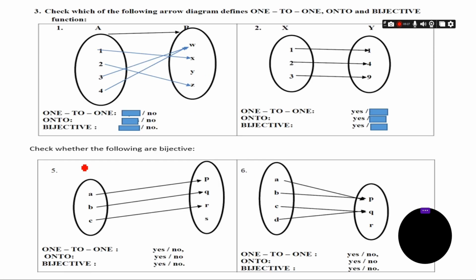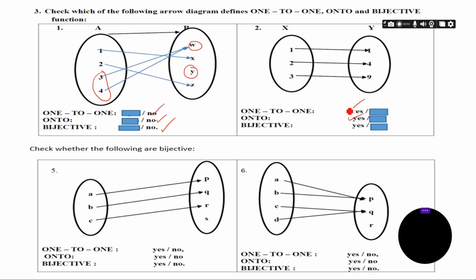So here we have to decide whether it is 1 to 1 or not. This is 2 to 1 because 3 and 4 are both going to 1 here. These are 2 elements, so no. Onto: this one is sleeping, so not onto, because in onto no one should sleep in the second set. As both are not okay, bijection is also no. This one is 1 to 1, yes.